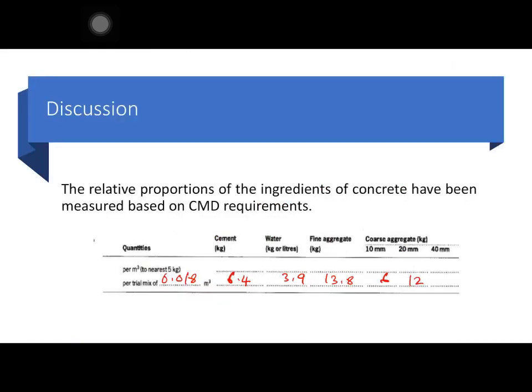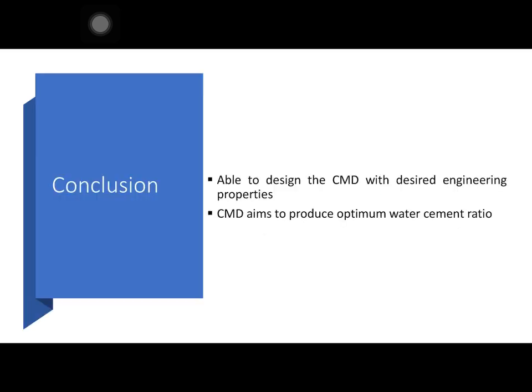Next, what is the discussion that we can conclude here? So here, the relative proportions of the ingredients of concrete have been determined based on the CMD requirement. So we have gone through 5 stages, and in the last one we get the actual proportions that we can weigh and mix. And the last one is about the conclusion.